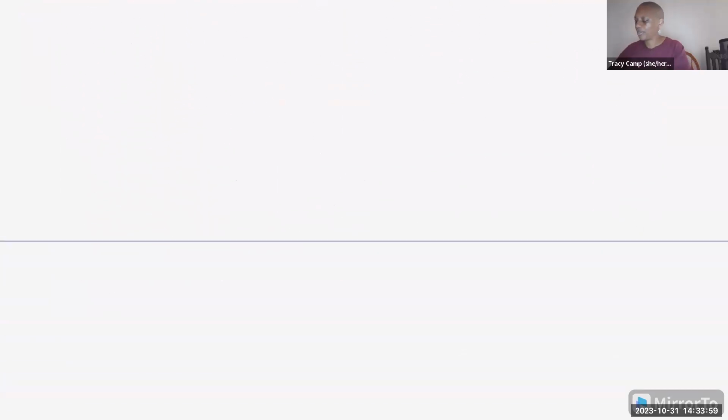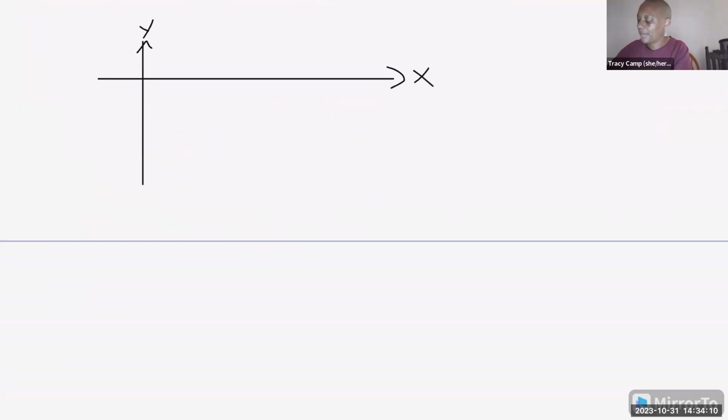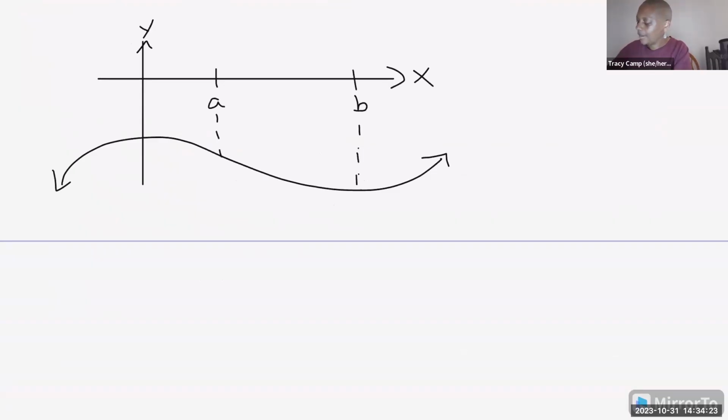Here's another picture though. Let's suppose that we have a curve that is below the x-axis. So let's say we have a curve like this. And here's our a, and here's our b. And here's the shaded region.